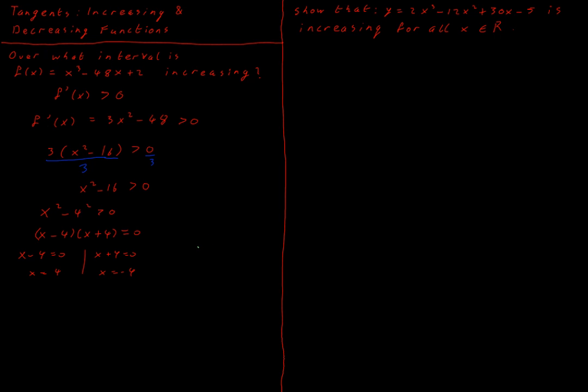But I need to know what the interval is. So I'm going to draw a sketch to help me keep track of what it is I need to know. So I have a positive quadratic, which is going to be a smiley face type function, and I know that it has roots of x is equal to minus 4 and x is equal to plus 4.